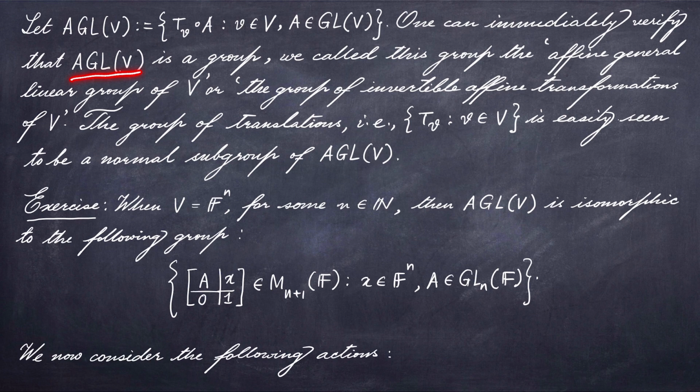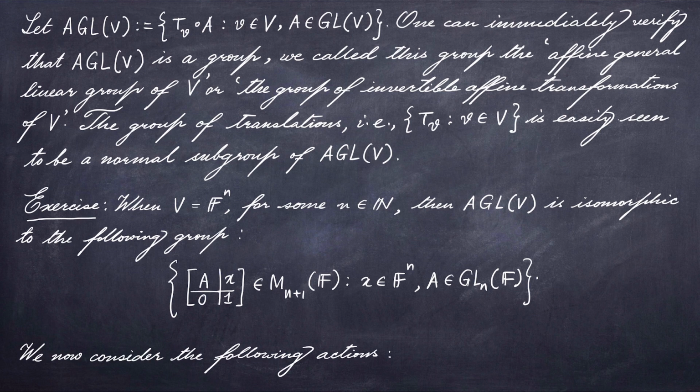Now we are going to talk about actions of this affine general linear group. One thing we should observe is that the collection of all translations is indeed a normal subgroup of this affine general linear group.